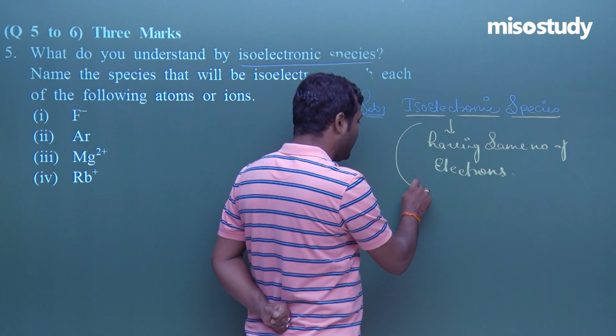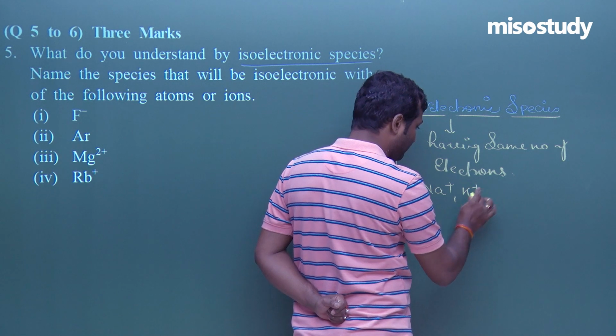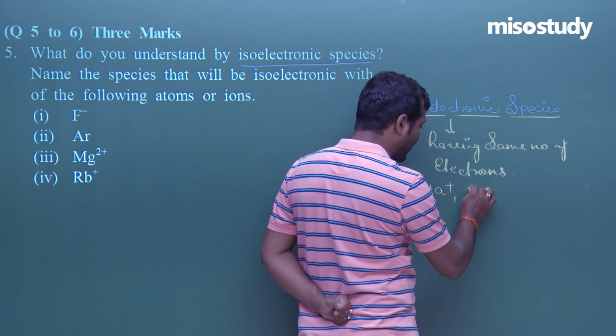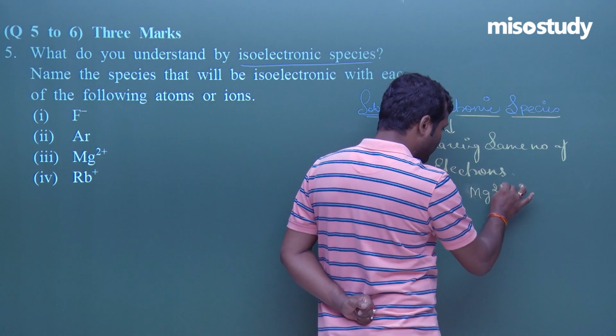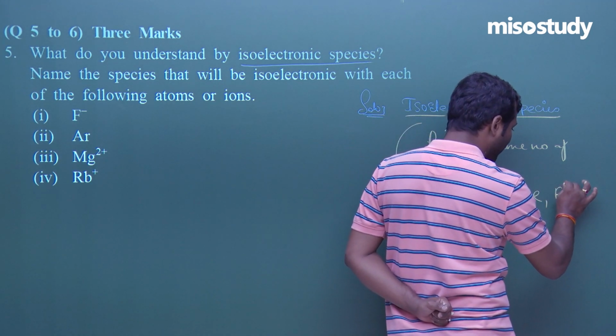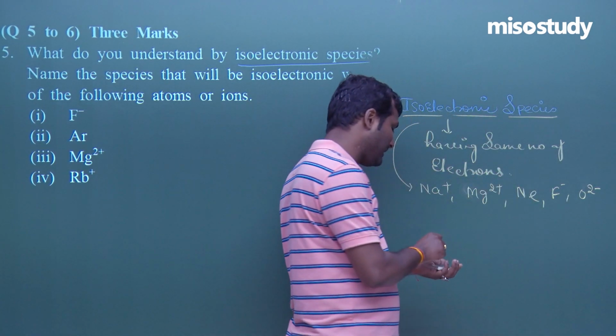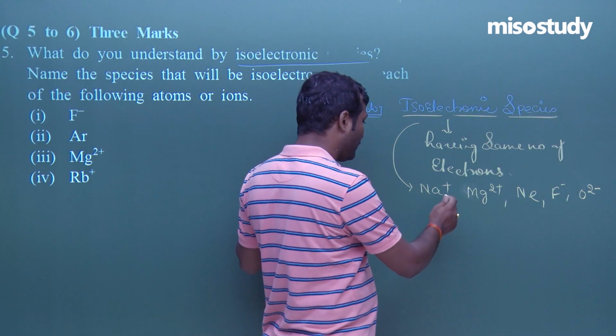For example, if I write Na+, Mg2+, then neon Ne, then F-, then O2-, N3-, and so on. Then what do you observe?